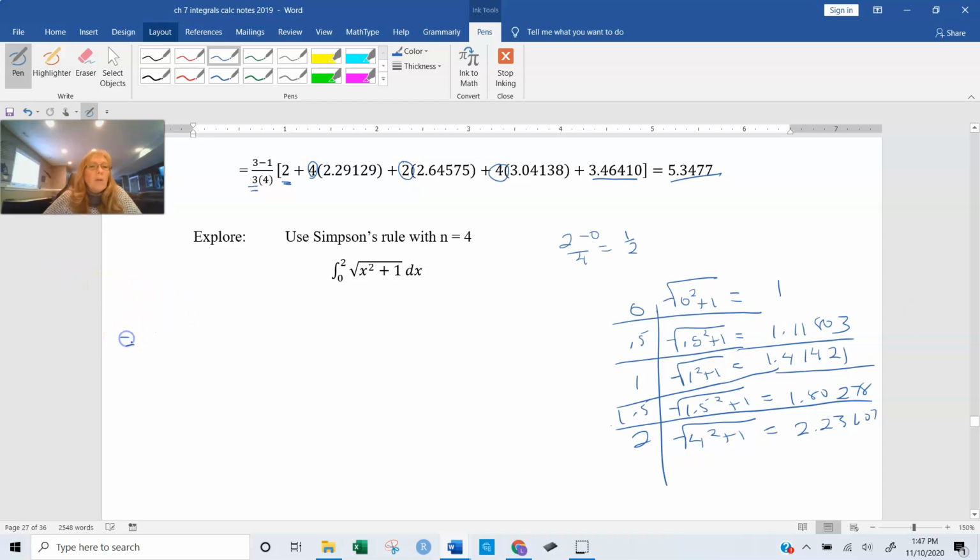Now, when you do that, we start with 2 minus 0 over 3, always 3, remember 3 points that we're averaging, times the number of parabolas. So now we take the first term as is, so that's 1, plus 4 times the second term, plus 2 times the next term, plus 4 times the next term.